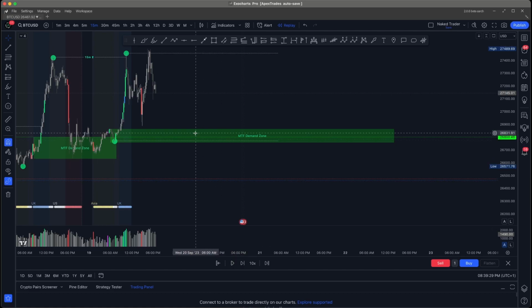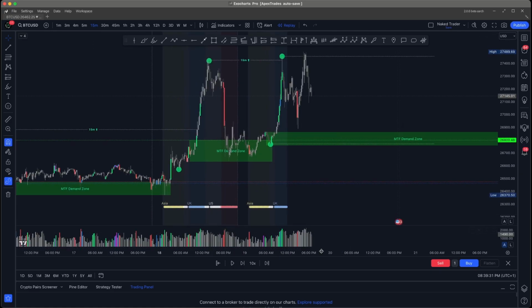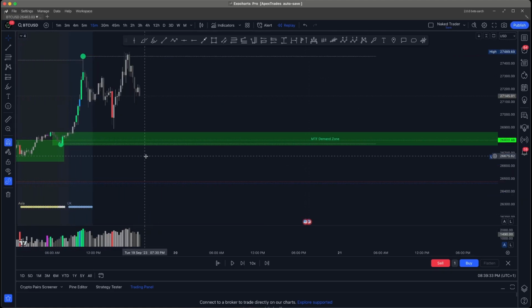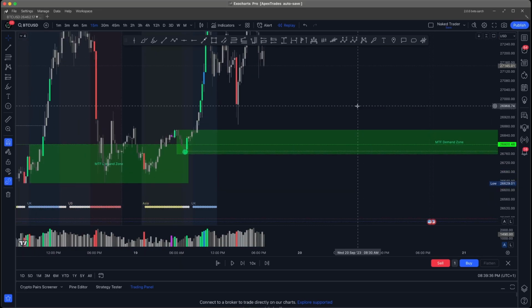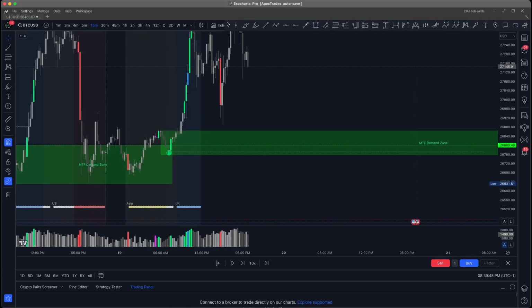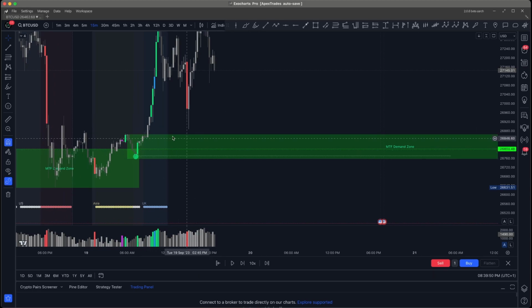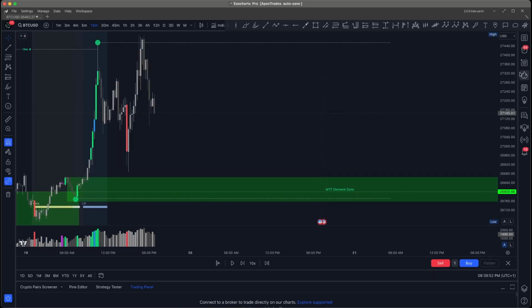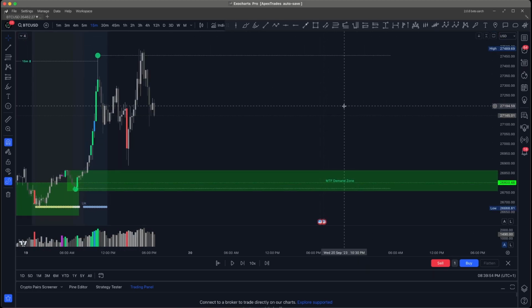Okay, so let's look at what's happened here. That's also a supply zone there, and you can see we've got a tiny fair value gap there. Now, thinking of where the retracement is, look at the distance we've had to come into.